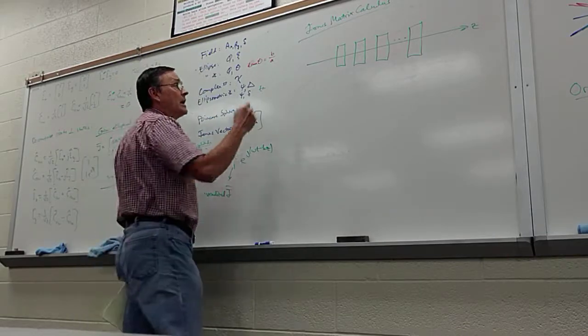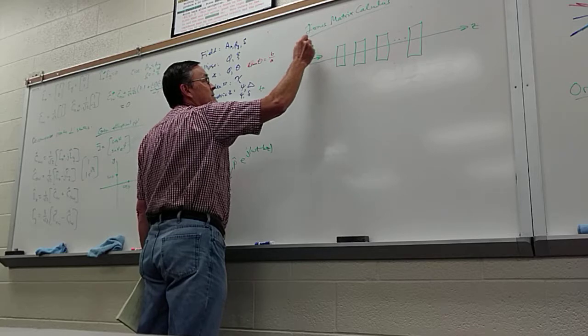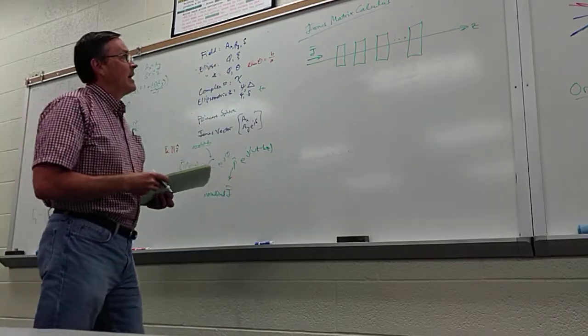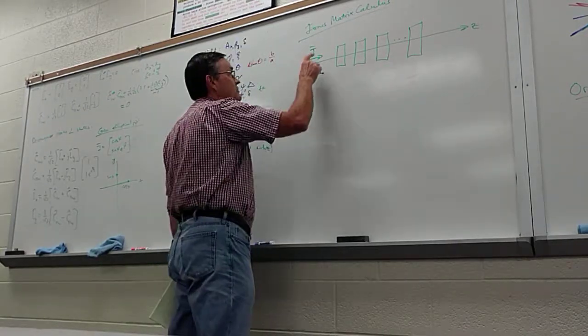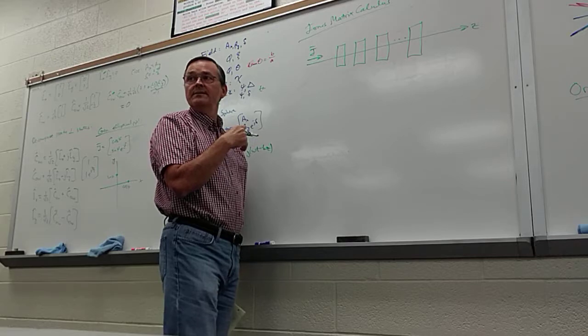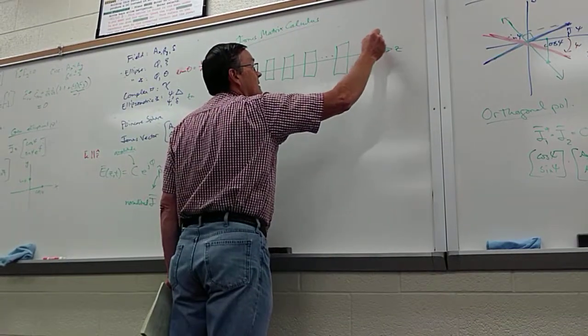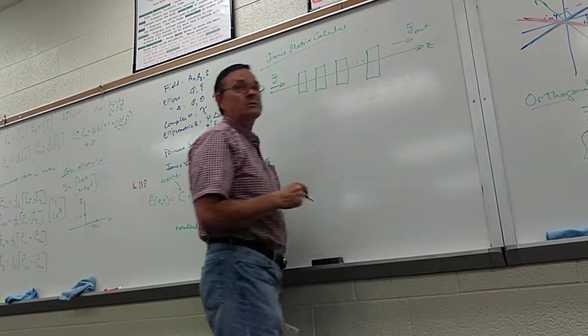And then I have light coming in from the left, with polarization state, let's just call it J. And then each of these elements can, in general, operate and change the polarization state as it propagates through it, such that coming out, I'll have some other polarization state.